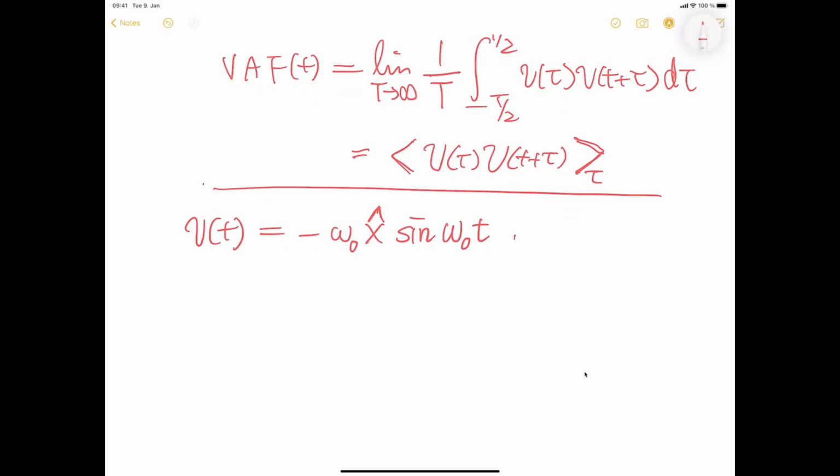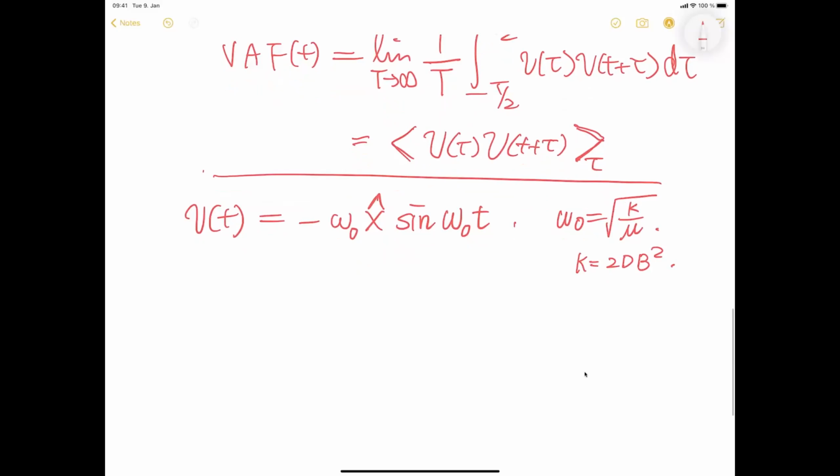Don't forget this omega 0 is nothing but the square root of k over mu. If you apply the harmonic approximation for the Morse potential, this k is nothing but 2 D b squared.